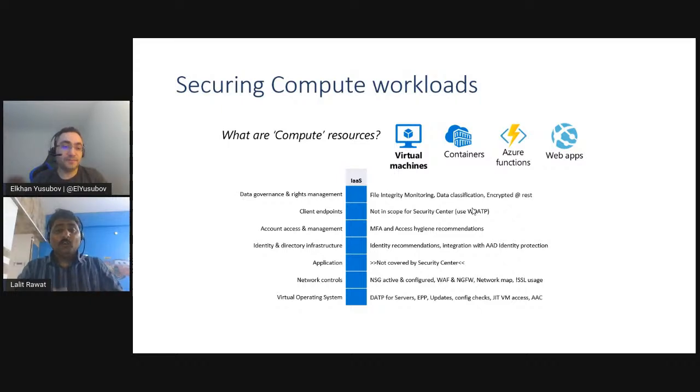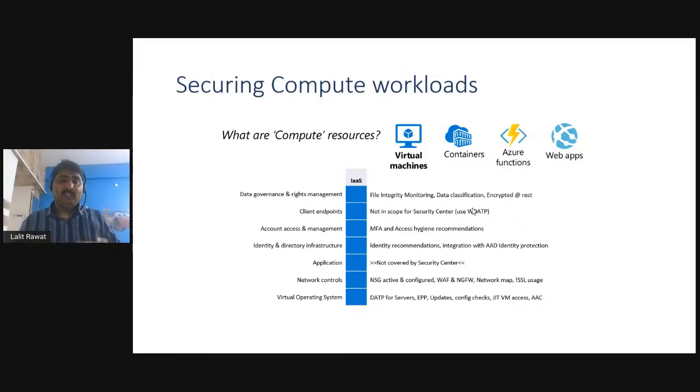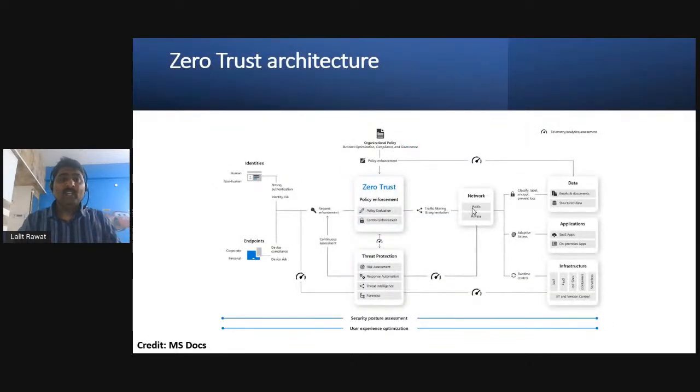Okay. So all of those things are there, and that is pretty much how you're going to secure your compute in various ways. Then this is the most lovable document which came up, I think, previous to Ignite or at Ignite, I'm not sure, which I took from the MS Docs.